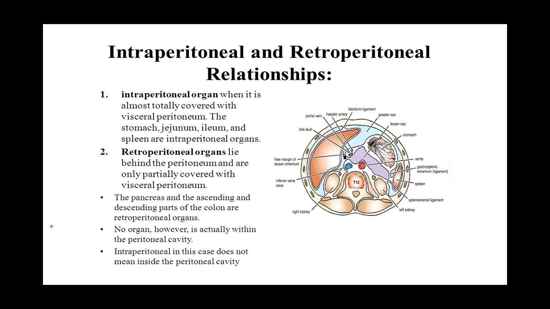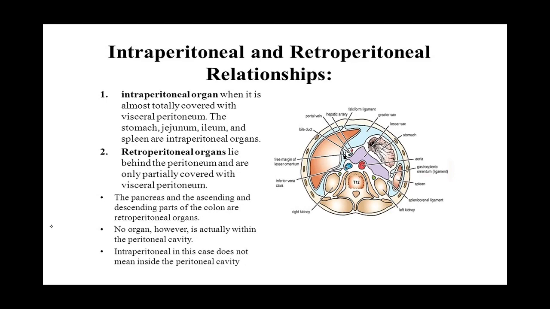As we mentioned earlier, those structures that are within this cavity are termed intraperitoneal organs. Those structures that are outside the cavity are termed retroperitoneal or extraperitoneal structures. The intraperitoneal organs are almost totally covered by visceral peritoneum.